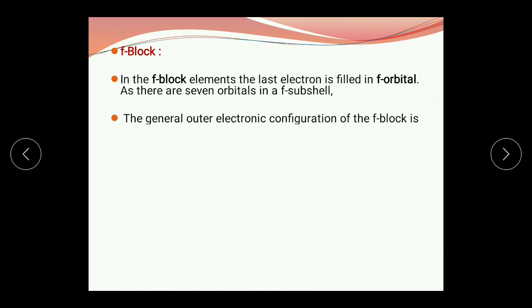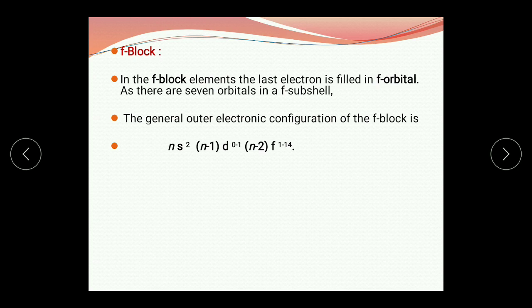Hence, the general outer electronic configuration of f block is somewhat different: ns2, n being the ultimate, final shell, (n minus 1) d 0 to 1 and (n minus 2) f 1 to 14. That will be the outer electronic configuration of f block elements.